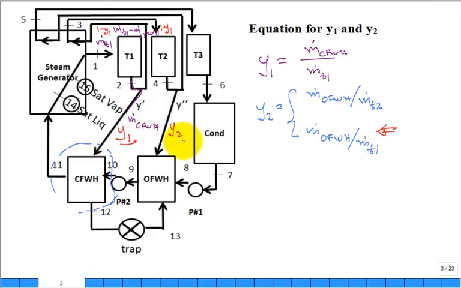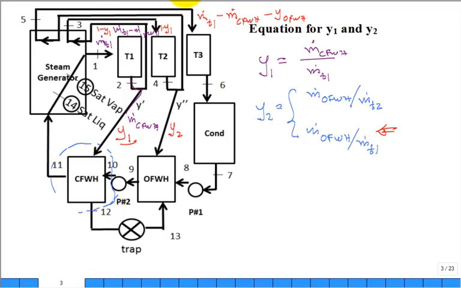Because that's the definition of Y2, the mass flow rate that continues to go back for reheat and then goes into the third turbine is what came out of the first turbine stage minus what went down to feed the closed feed water heater, minus what went down to feed the open feed water heater. Isn't that what continues through the third turbine and through the condenser?